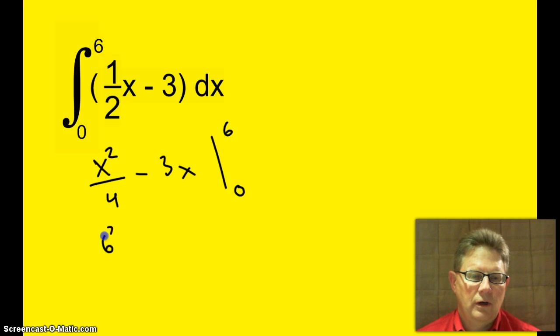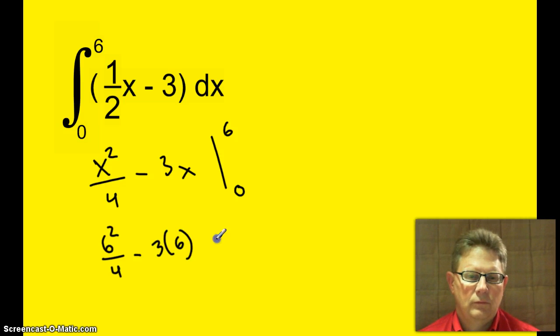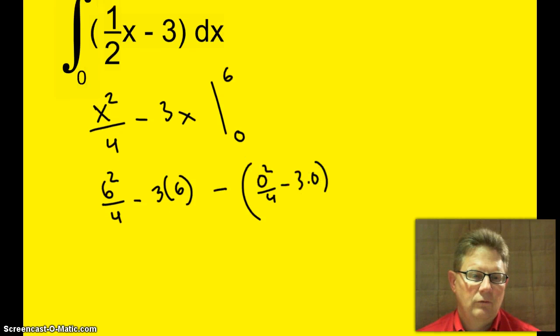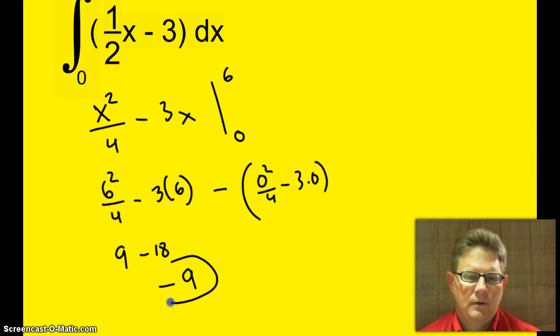So 6 squared over 4 minus 3 times 6, minus 0 squared over 4 minus 3 times 0. So we have 9 minus 18. The answer is -9. There you go. Well, that's the answer. That's the area underneath the curve.